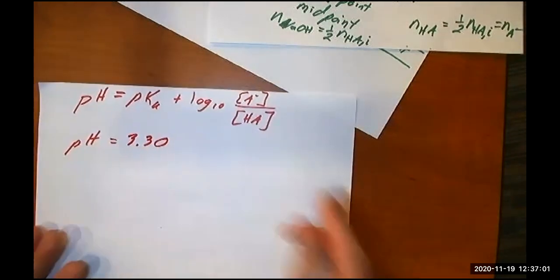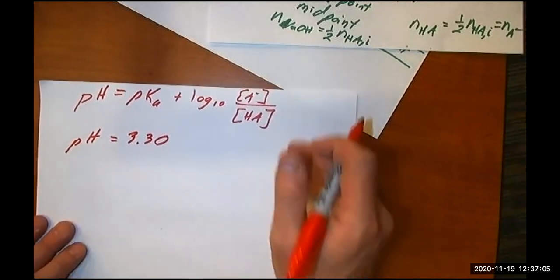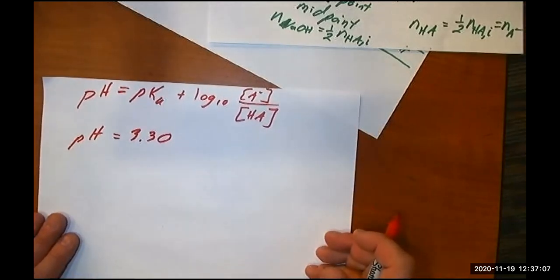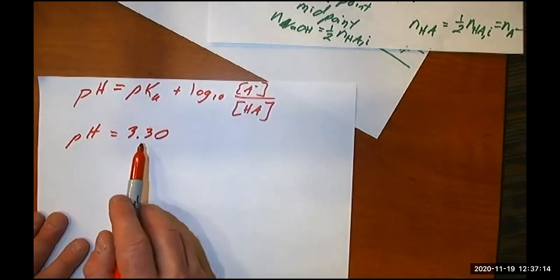Okay, so let's suppose that we want to have a pH that's going to be around 3.30. If you are given a list of candidates, you look at the pKa's of those candidates and find the candidate whose pKa is closest to this pH.